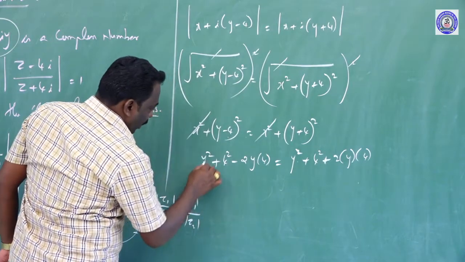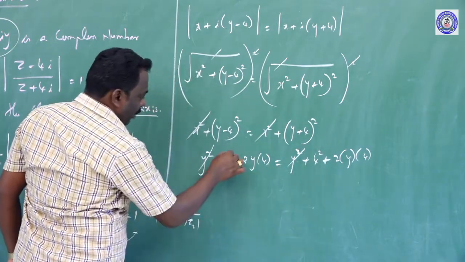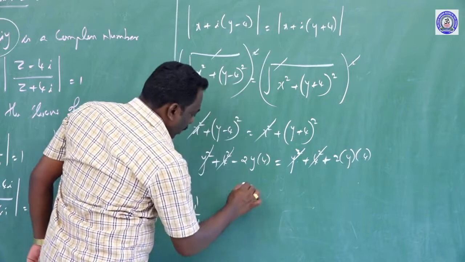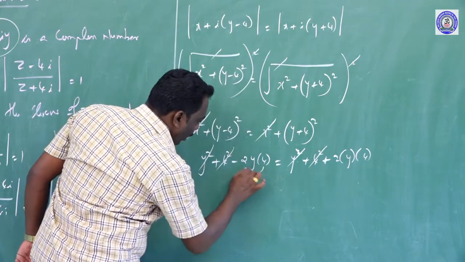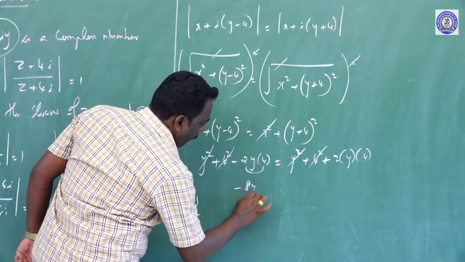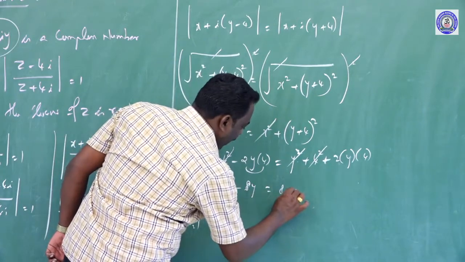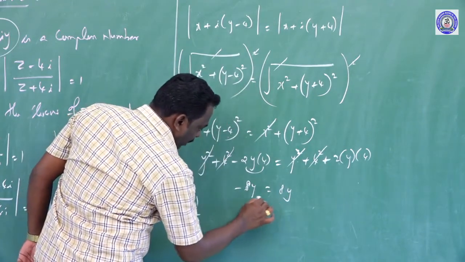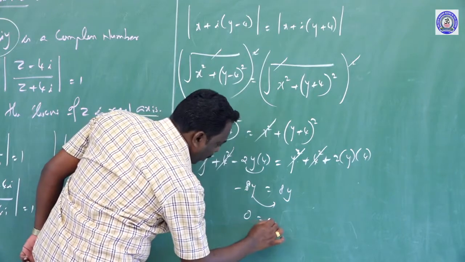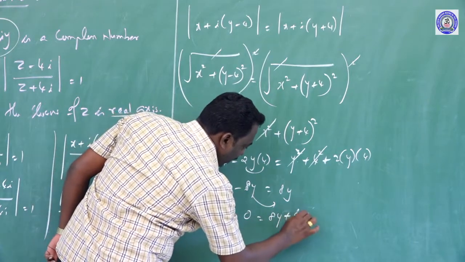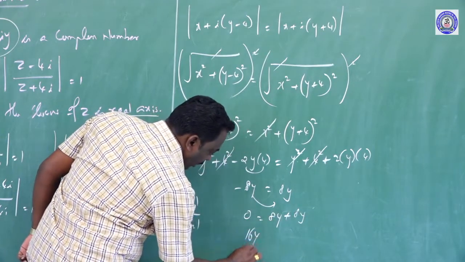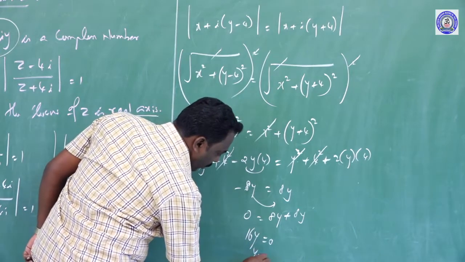Now y square cancels and 4 square also cancels, leaving minus 8y equal to plus 8y. Now transfer the term to the left hand side: 0 equal to 8y plus 8y, that is 16y equal to 0, so y equal to 0.